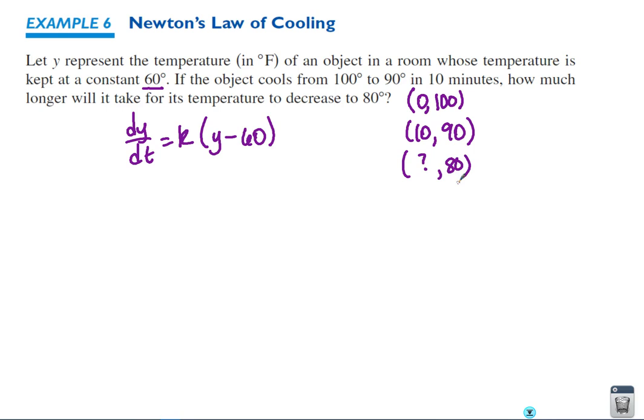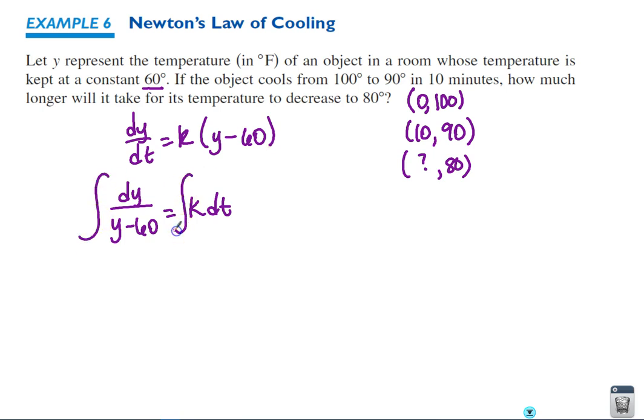Okay, so first I need to solve this equation here for Y. It's not as simple as exponential growth or decay, so I don't automatically know the answer to this. So I'm going to say dy over Y minus 60 is equal to k dt. I divided this to the other side and I multiplied by dt.